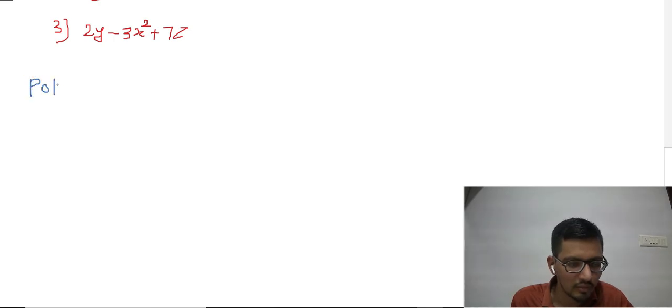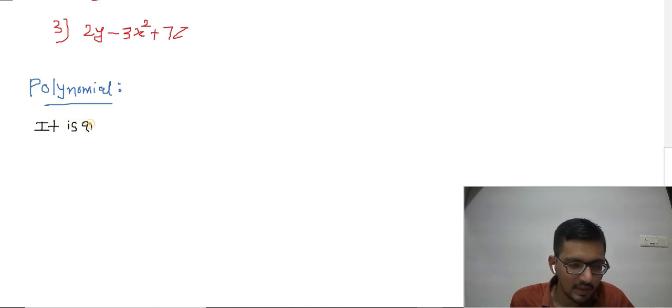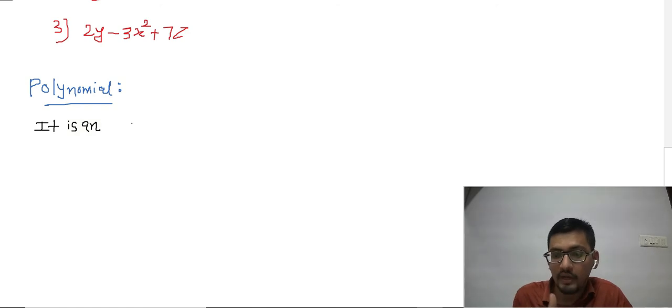Okay, so in simple words, if I am telling what is a polynomial, polynomial, what I can say, it is an algebraic expression. Now see, in the polynomial definition we are using the words algebraic expression, so we should know the meaning of algebraic expression.